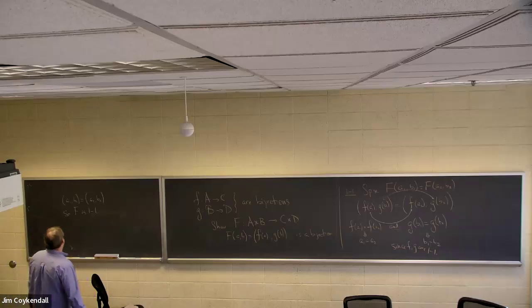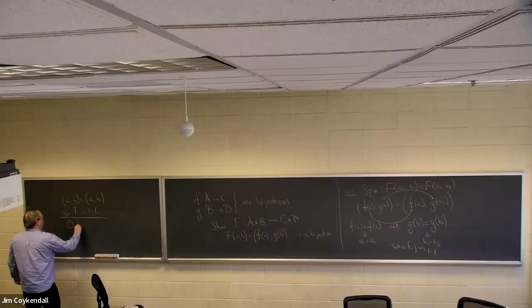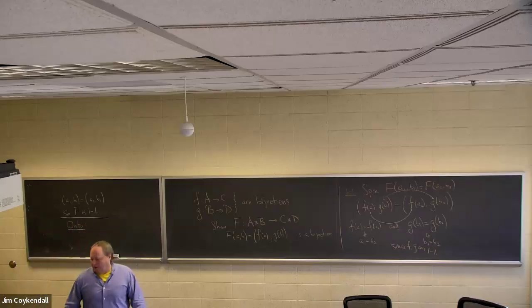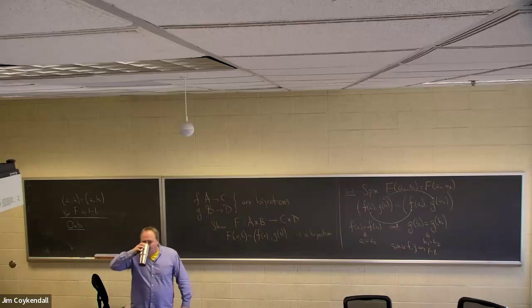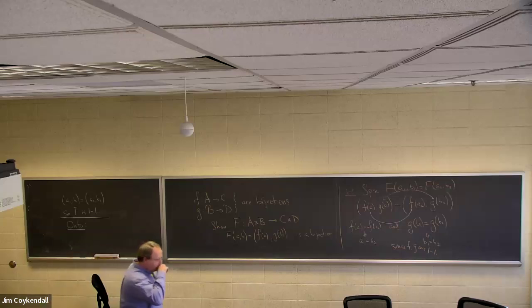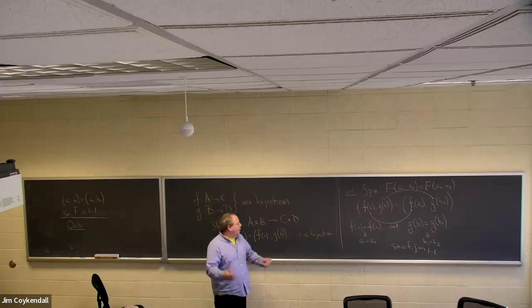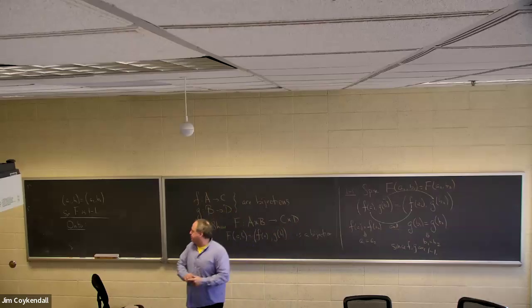Now on to onto. Okay, so what do we have to show? What is our burden? Well, we've got to pick an arbitrary element of the codomain and make sure that it's actually in the range, that there's something that goes to it.